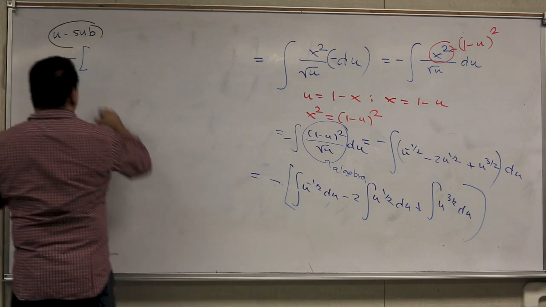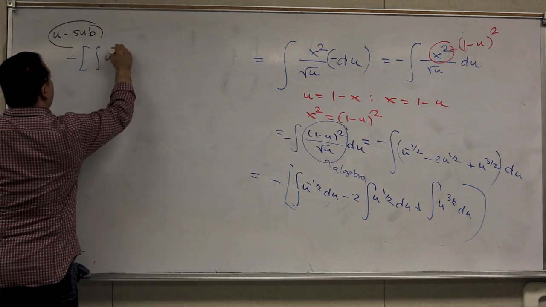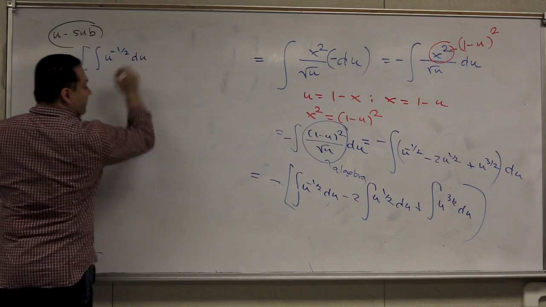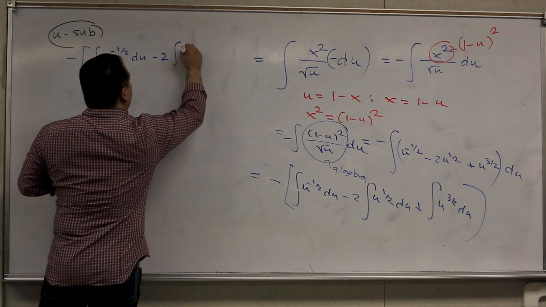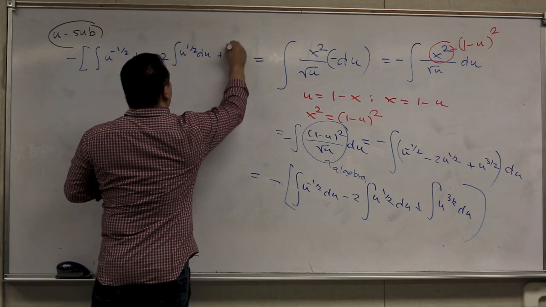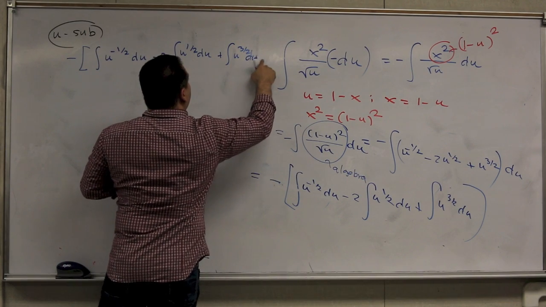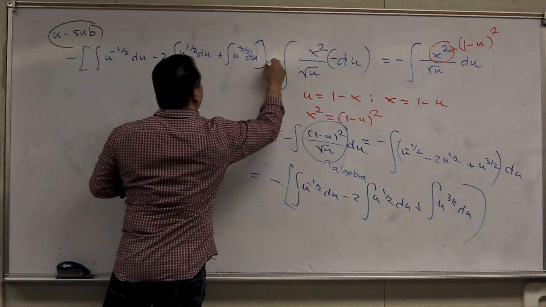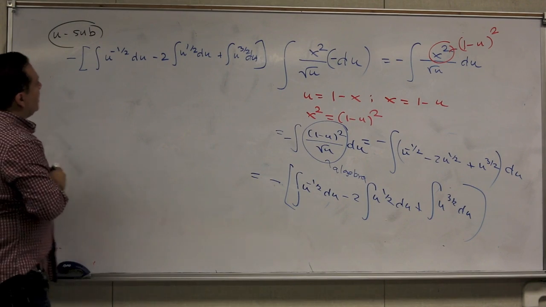So I can keep that negative sign, and I got the integral of u to the minus 1/2 du, minus 2 times the integral of u to the 1/2 du, plus the integral of u to the 3/2 du. Okay? Double check.